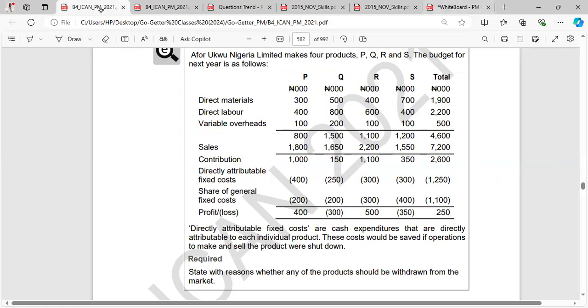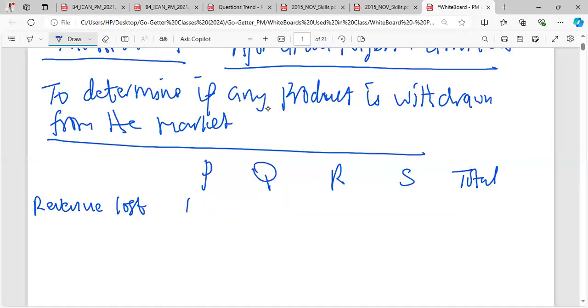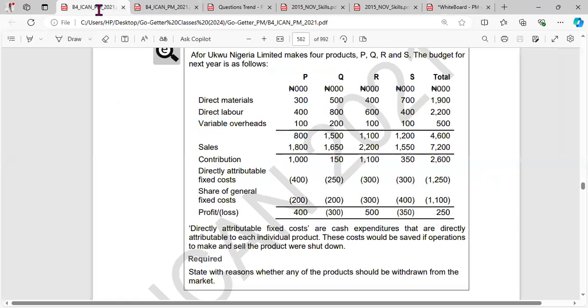Let's write that: 18, 1650. This should be 22. This should be 1550. Memory serves me right. 1550.